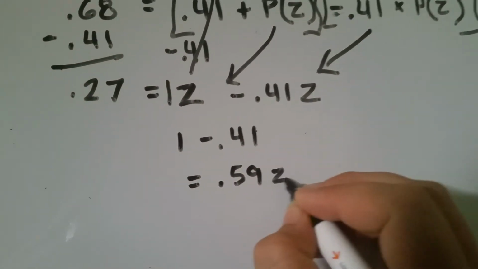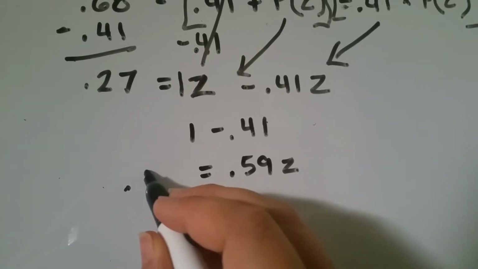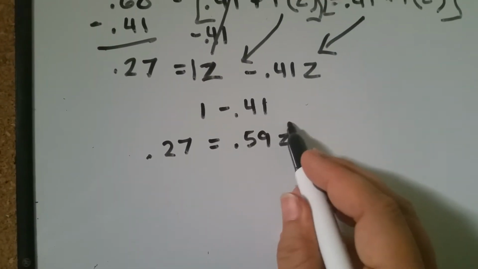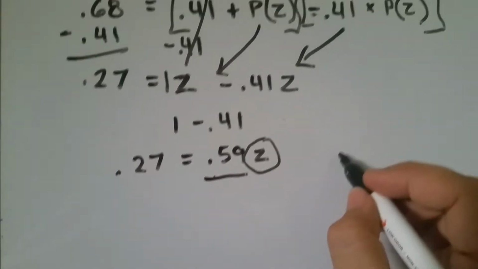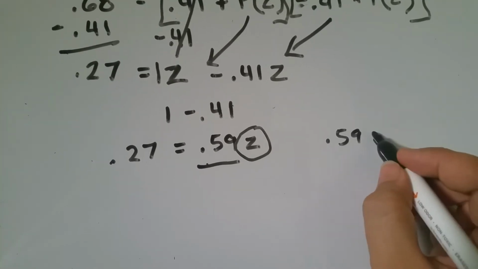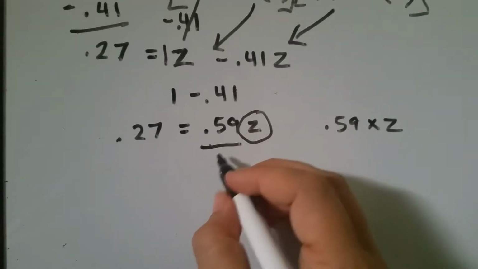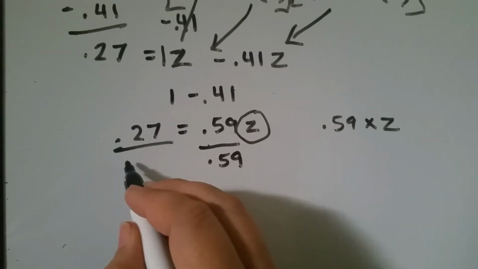So 0.59Z, right? And then we've still got 0.27 on its own. Now we need to get this letter all by itself, so we're going to do the opposite. Since it's 0.59 times Z, we need to do the opposite of the multiplication, which is division. So we're going to divide both sides to be able to get that letter by itself.